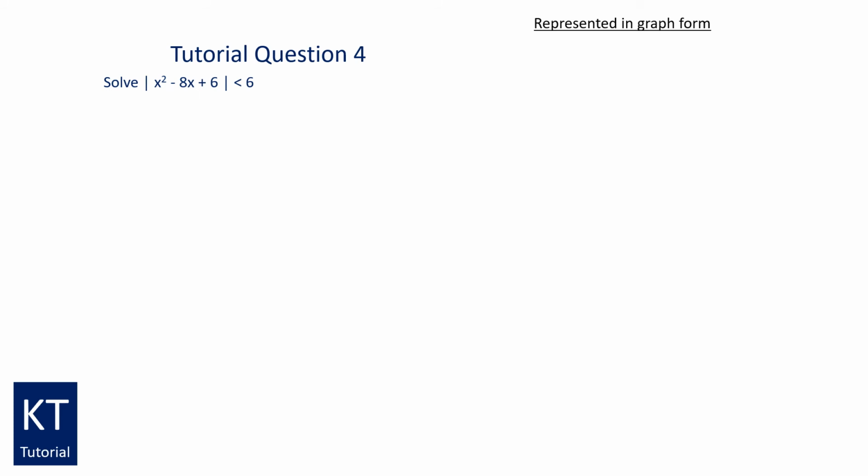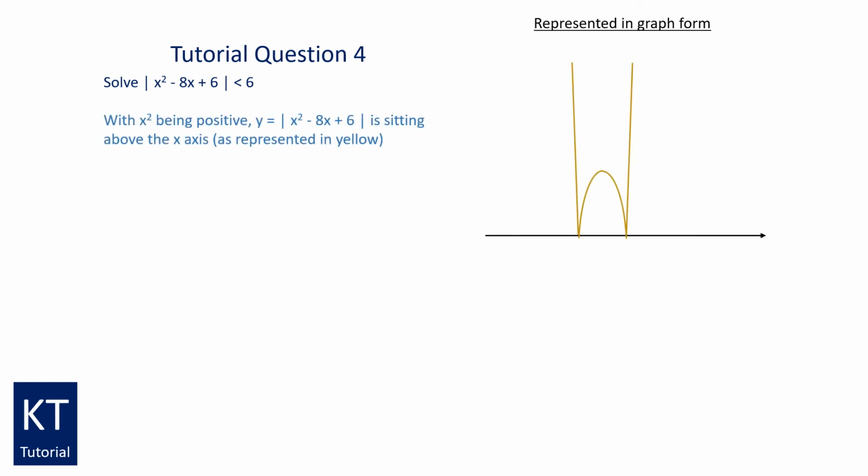Moving on to tutorial question 4, where we will introduce modulus to the inequality. For the preliminary working, you must be able to apply what is learned from 2.3 to get to drawing the yellow curve as a representation of y = |x² - 8x + 6|.